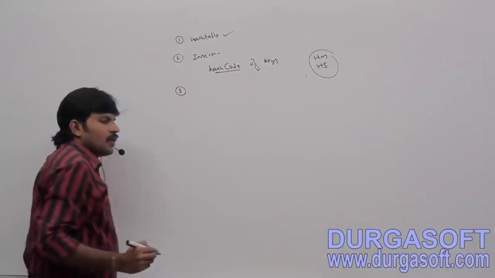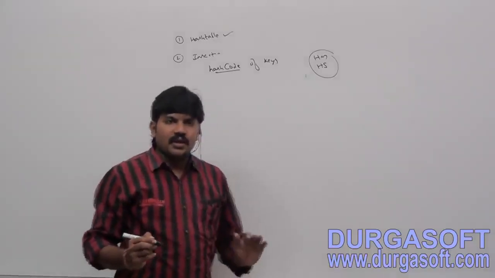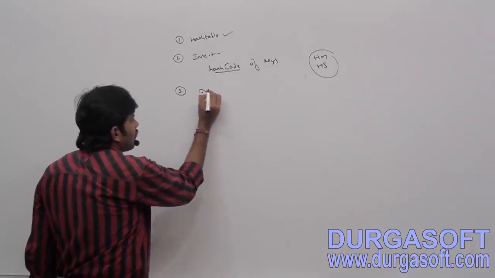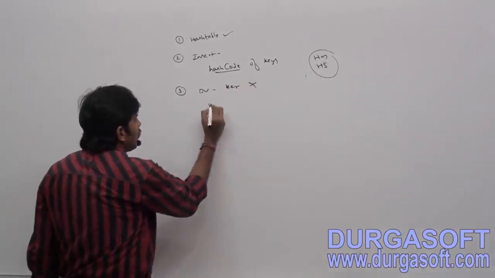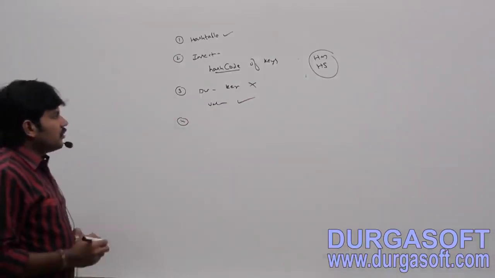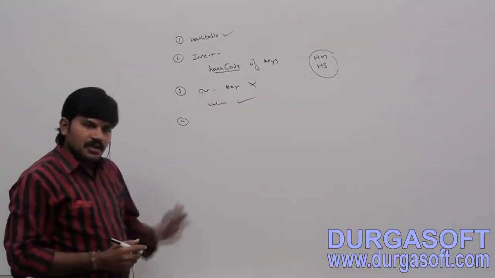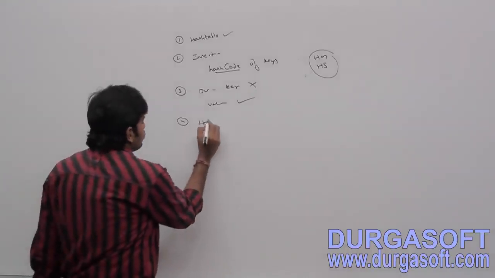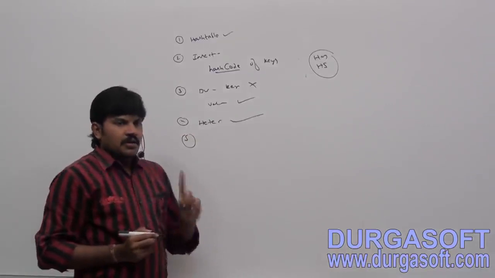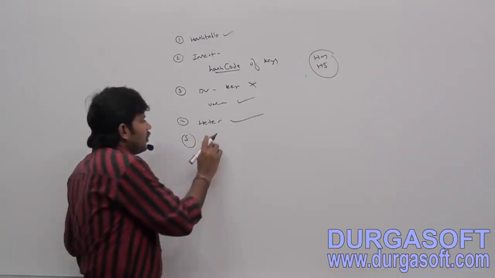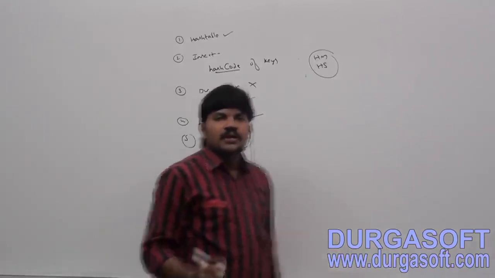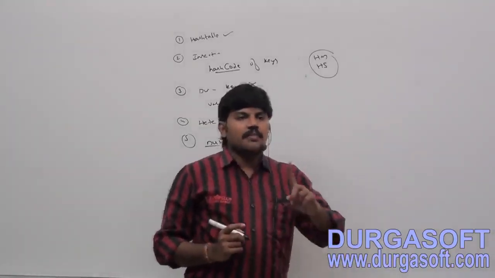Next, can you tell whether duplicate keys are allowed or not? Duplicate keys are not allowed, but values can be duplicated, right? Next, heterogeneous objects are allowed for both the key and the value, no problem at all. Null is not applicable for the key and not applicable for the value.